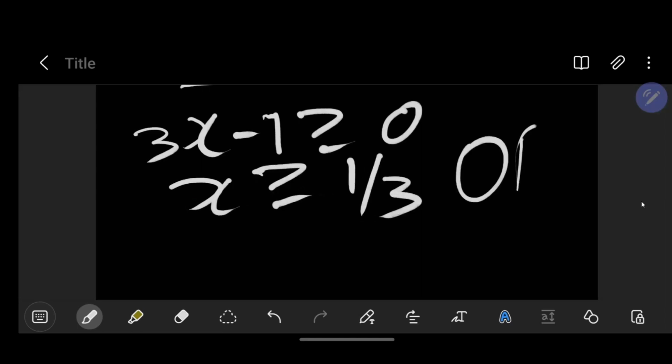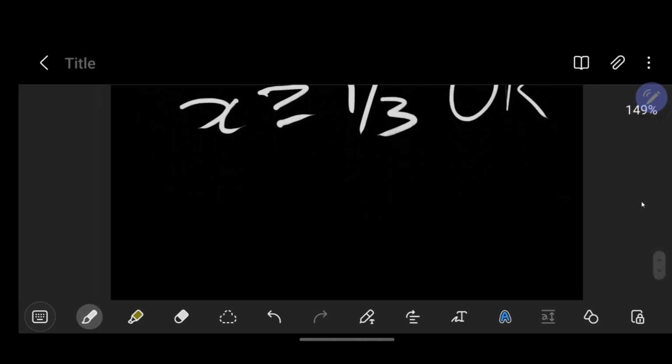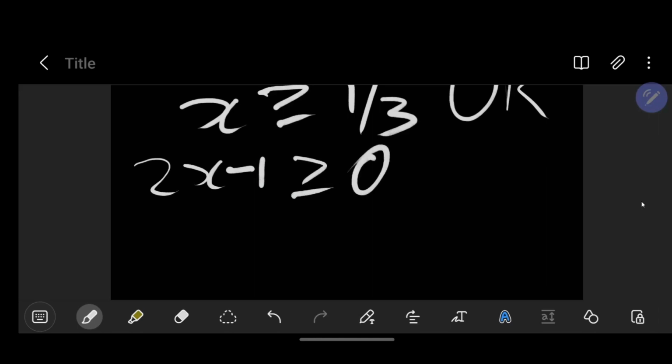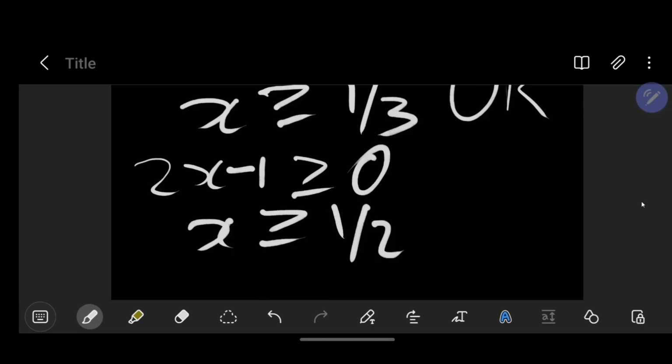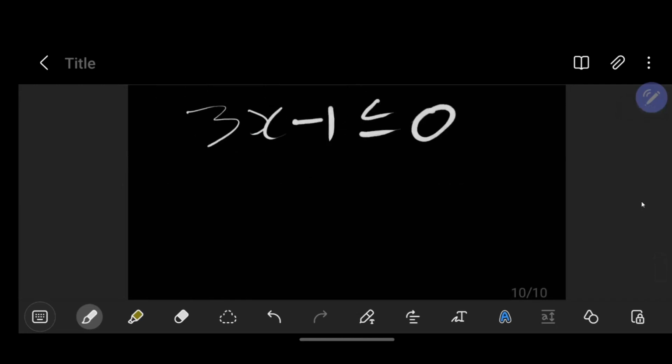Or we would have 2x minus 1 is greater than or equal to 0, meaning that x is now greater than or equal to a half. And we would have the 3x minus 1 is less than or equal to 0, which means that x is now less than or equal to 1/3. Okay, so we have basically 4 points.